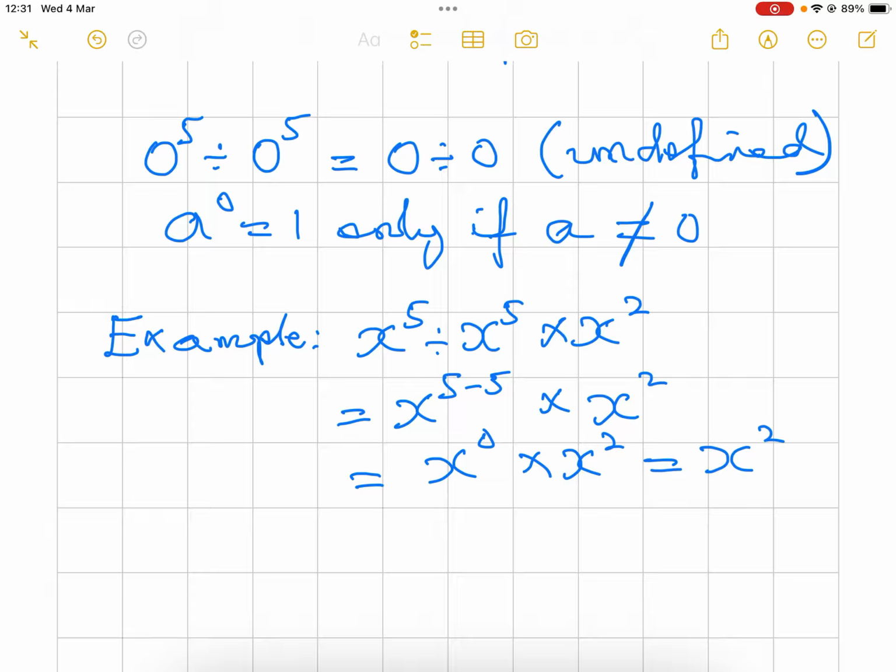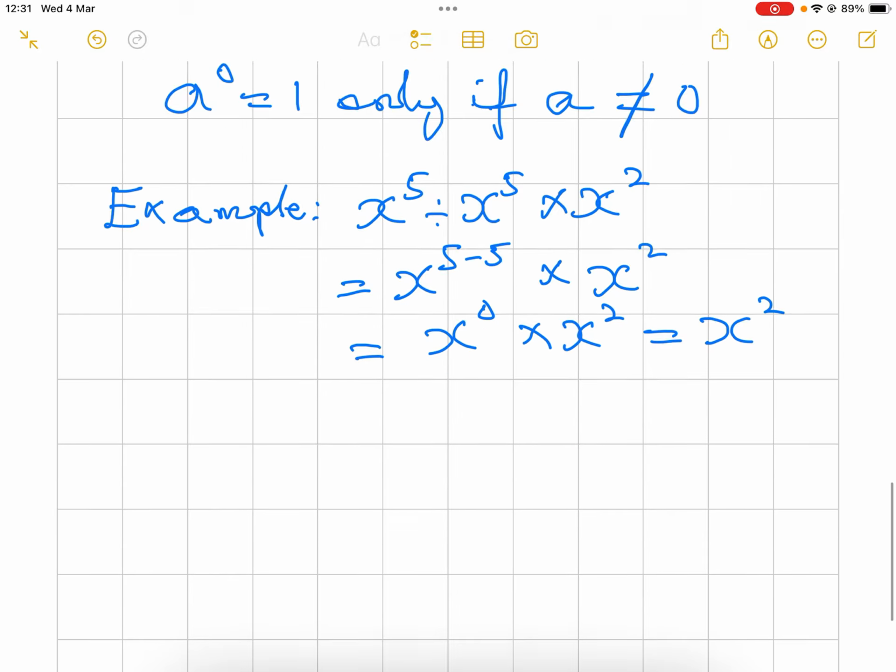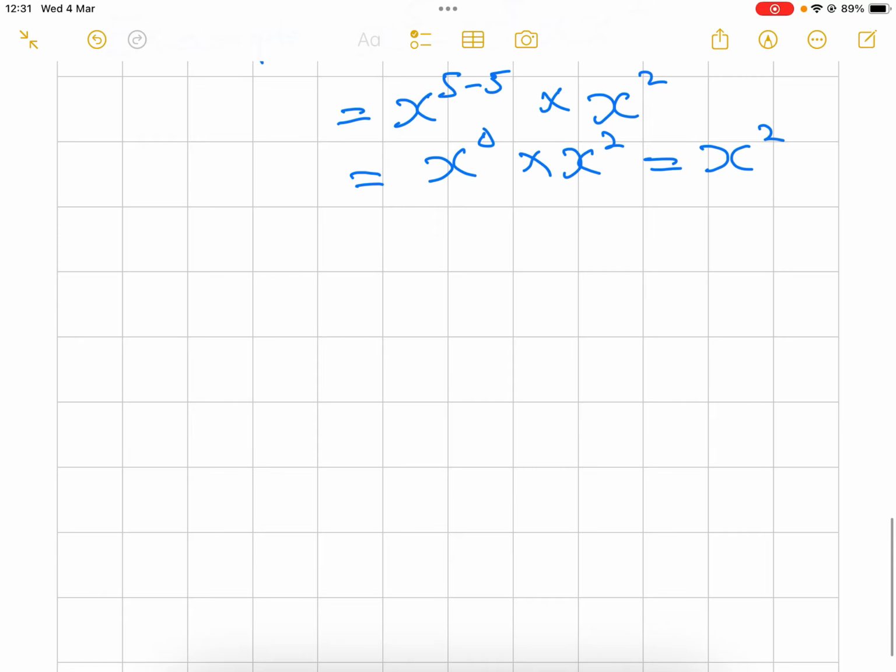So the zero power rule simplifies expressions quickly. This is why the rule is very powerful. I would like you to try this.